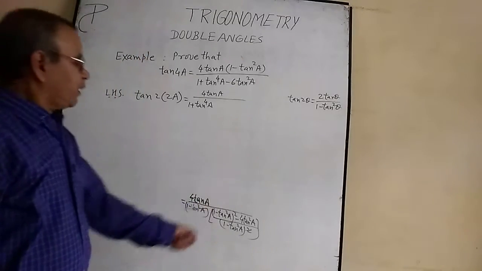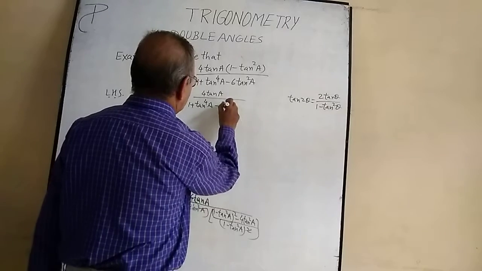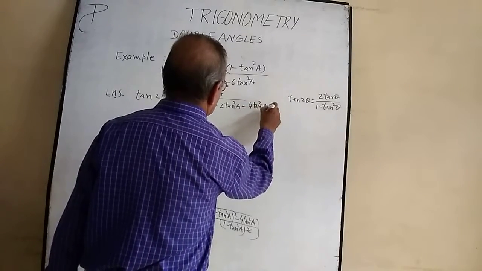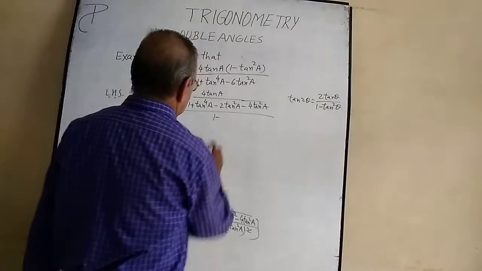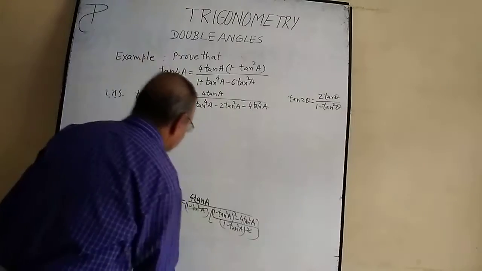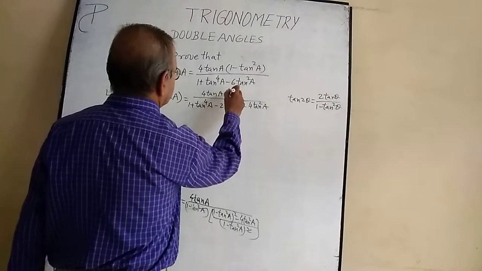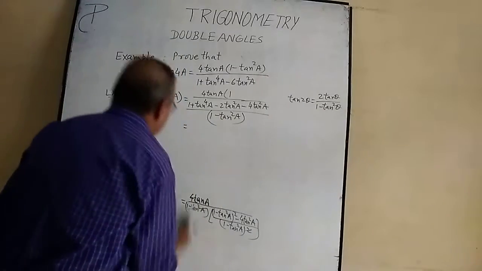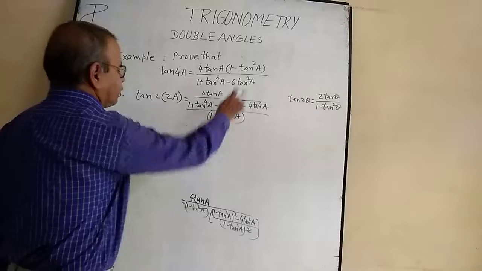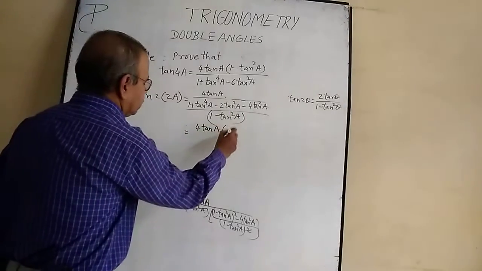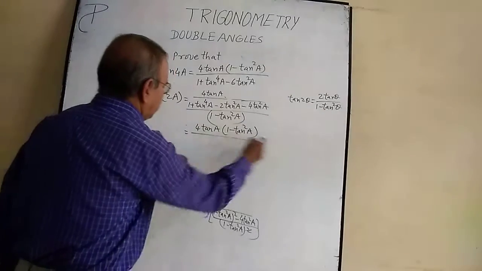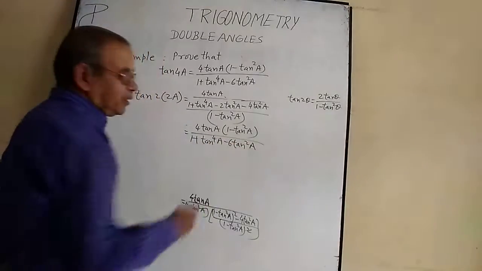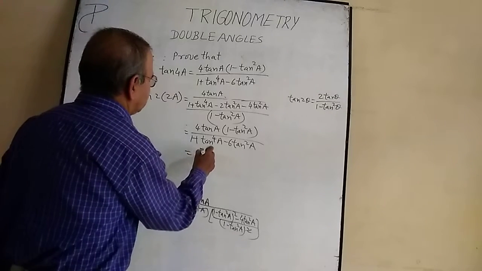So that's 1 plus tan to the power 4 a minus 2 tan square a minus 4 tan square a, and therefore we will write here this 1 minus tan square a in the numerator and here 1 plus tan to the power 4 a minus 6 tan square a, and that is equal to your RHS.